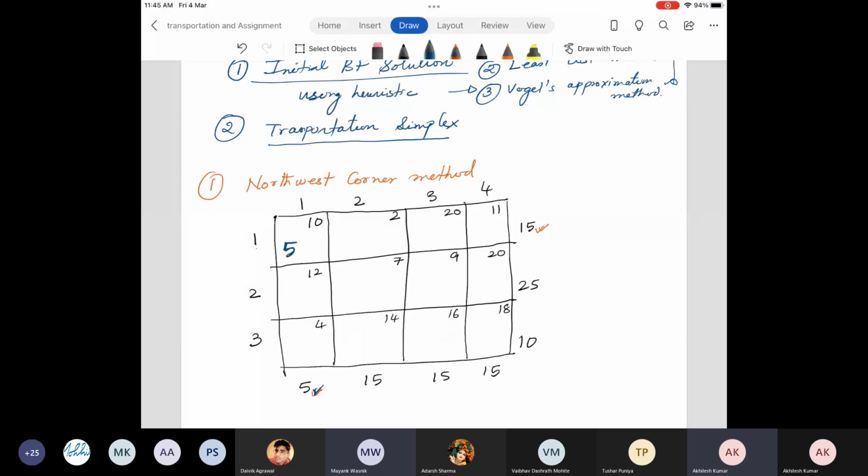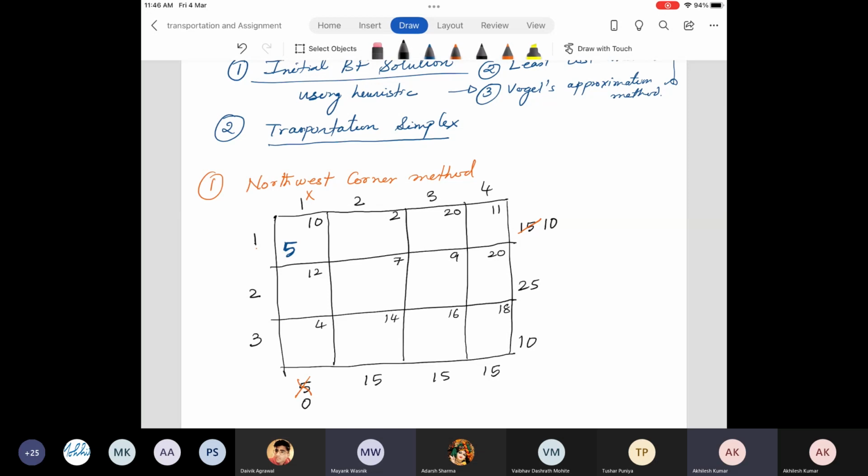Once you have allocated it, you have to do one more thing. You have to cut this 5 and cut this column because the demand has been satisfied, and adjust the supply here, which was 15. Now adjust it to 10. Is this step clear to all of you? Any questions?